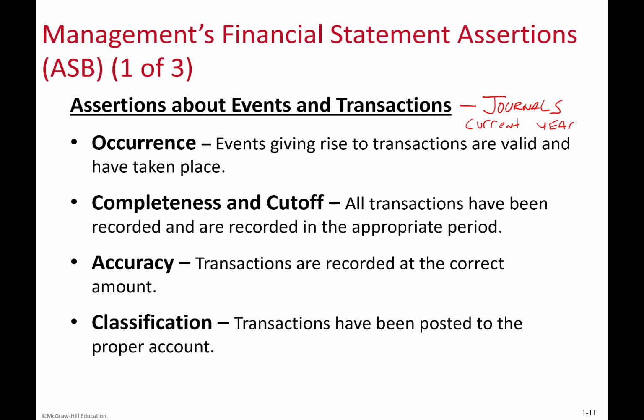I find the sales invoice. I find the shipping doc. I find the customer order. Did that sale occur? And I pulled it from this year's sales journal, right, to see that it occurred this year. So I know that that's a proper sale for this year.